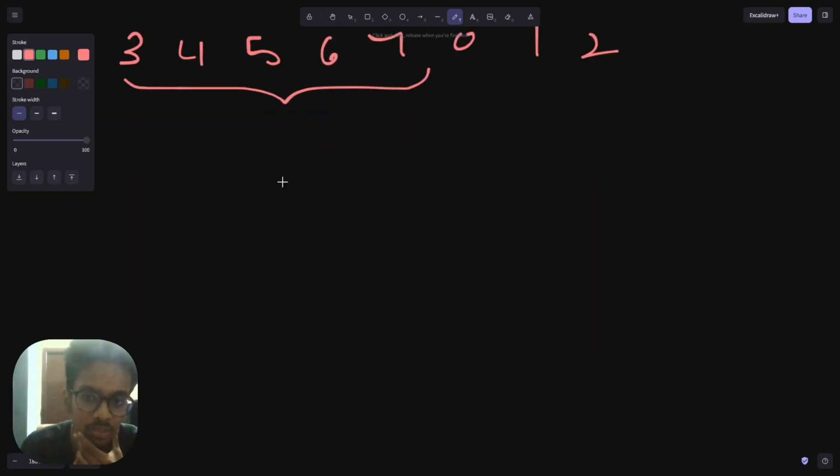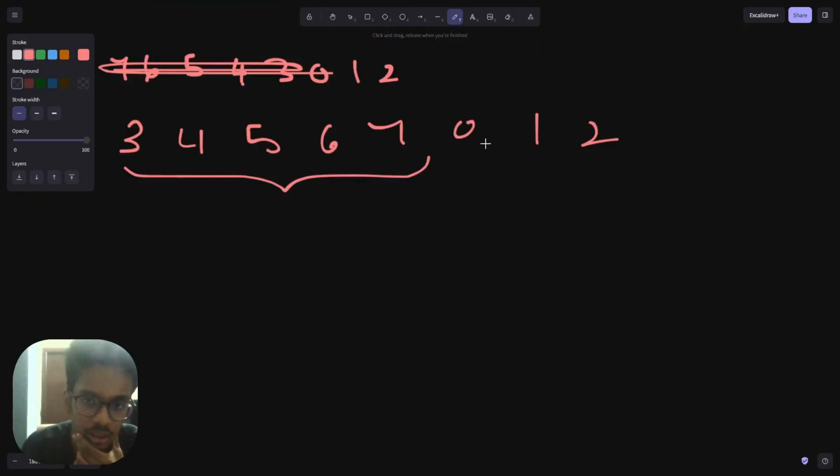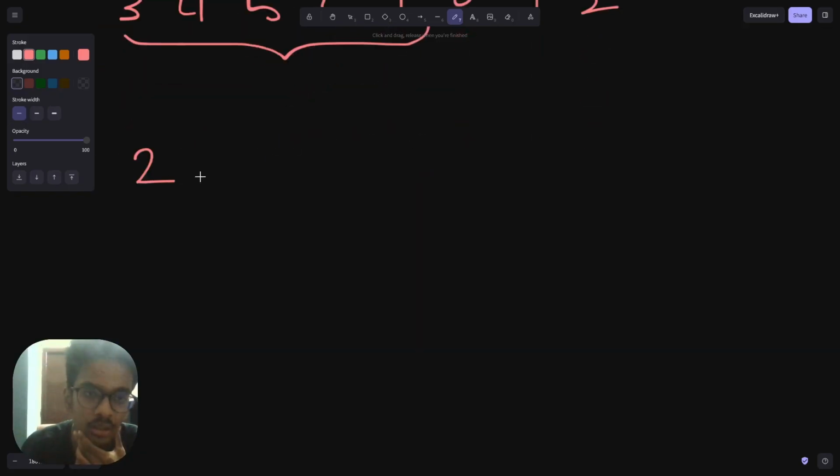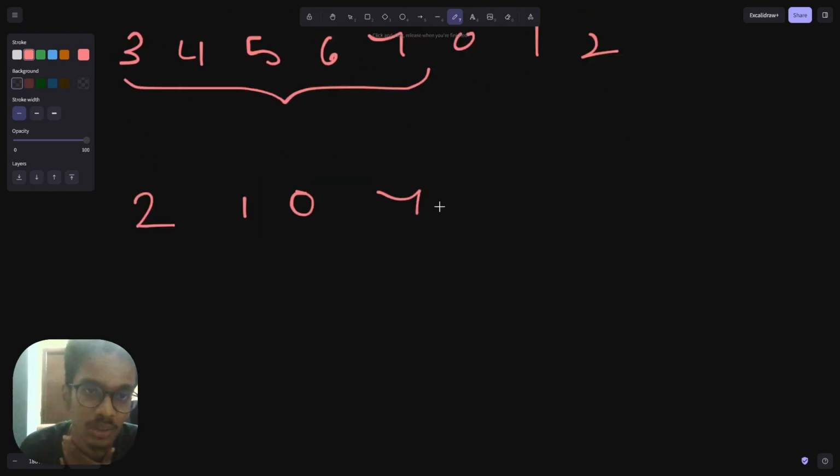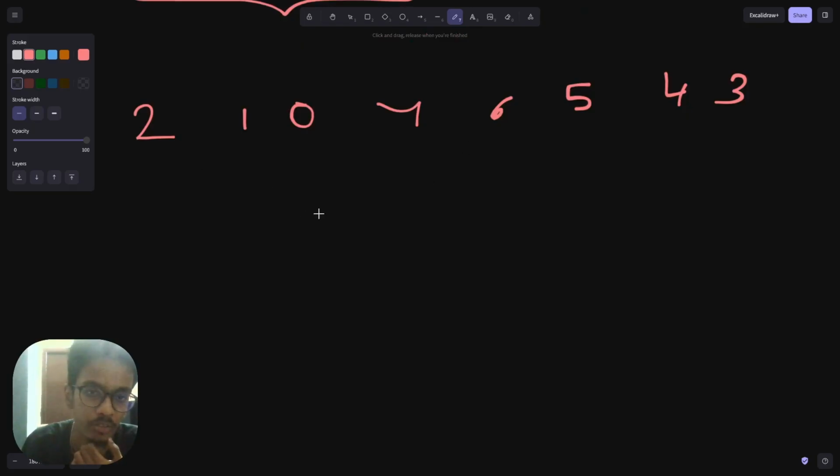Instead of this, if I reverse this, what would happen? If I reverse this, 2 1 0 7 6 5 4 3, now if I make left moves, 0 would be here, 7 6 5 4 3 2 1, and yeah, let's move 0 also.